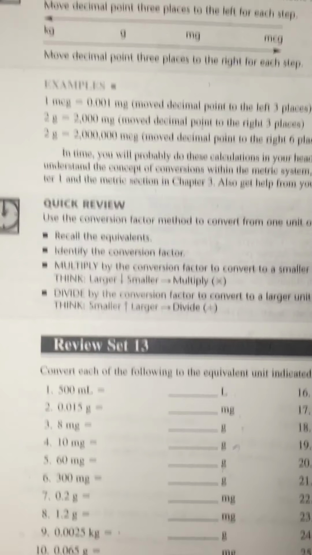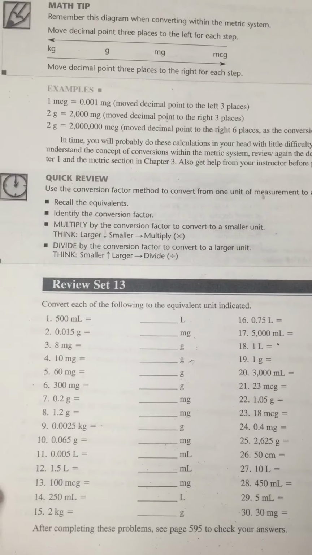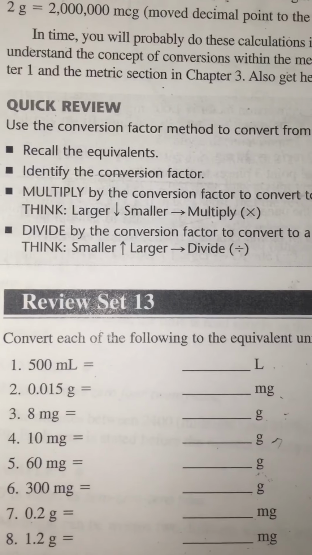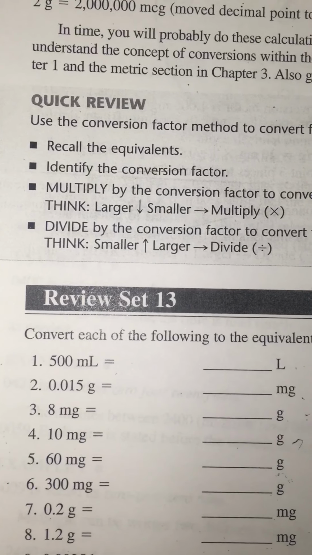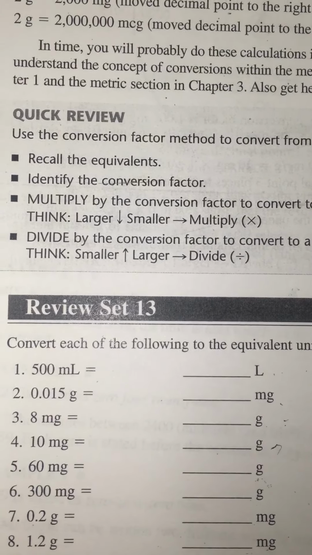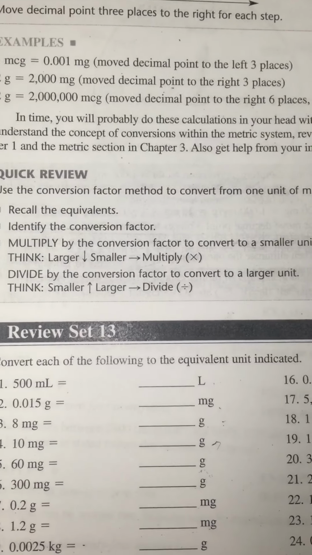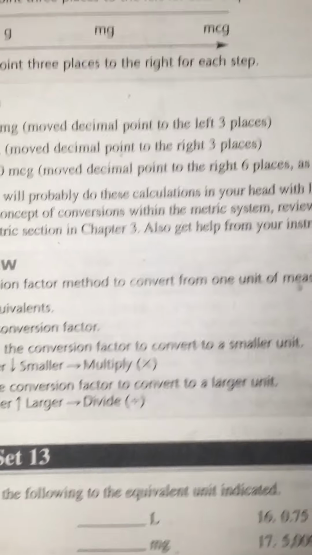The next page is where I want you to start your examples. I will do number 1 and also number 2, converting each of the following to the equivalent unit indicated. So I'm going from milliliters to liters. Milli is here, and we are going to liters.